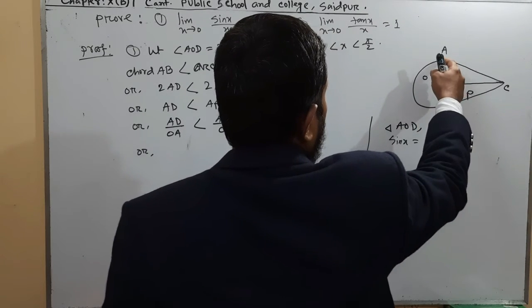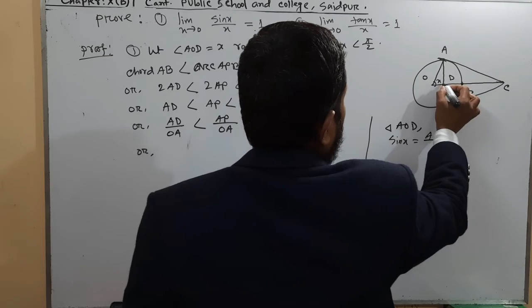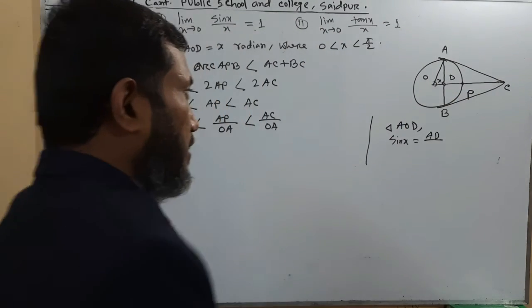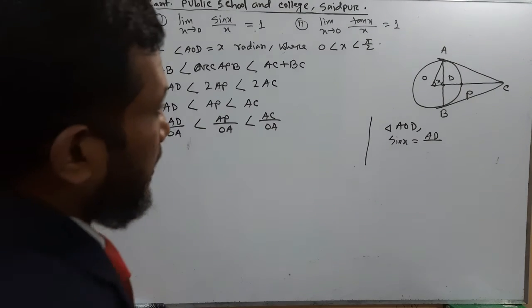AD is the opposite of angle x, and here this is the 90 degree, so OA will be the hypotenuse.